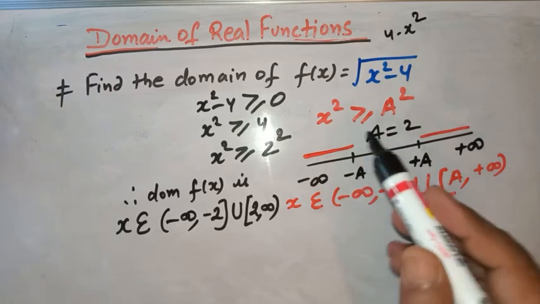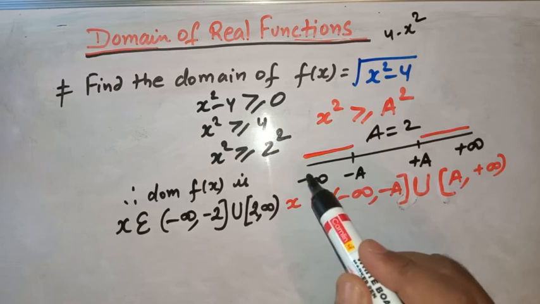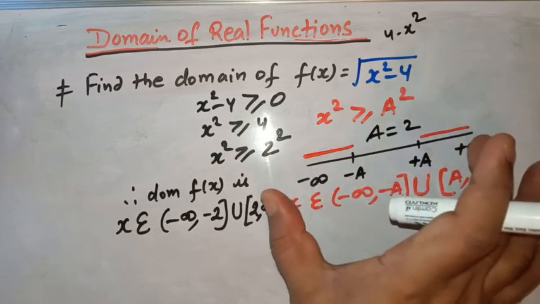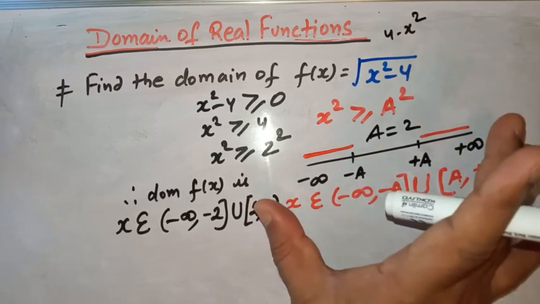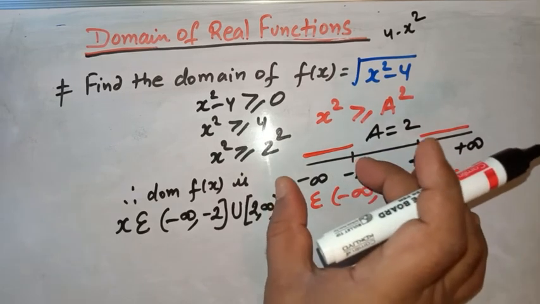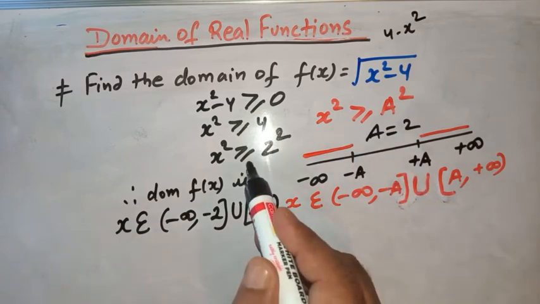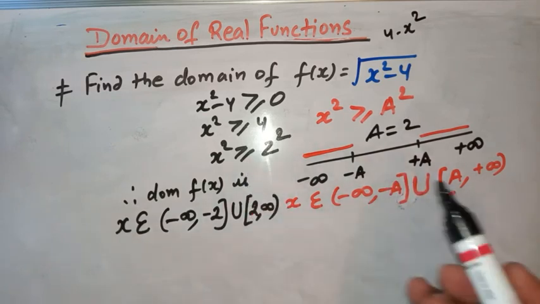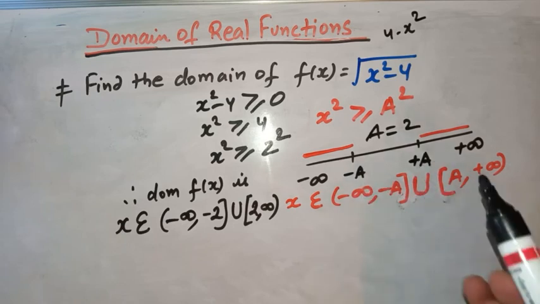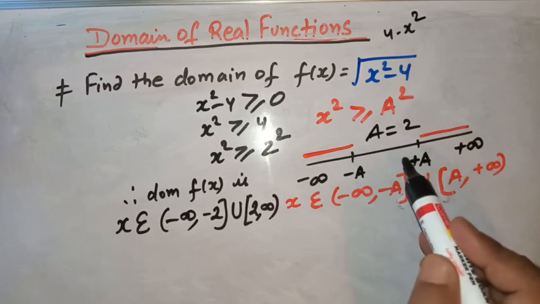Clear? So whenever we have x square greater than or equal to a square, we must remember this rule. Clear? So here we'll include this part and this part as domain, and since the equality sign is here, we'll take the endpoints and we'll exclude this middle portion. Clear?